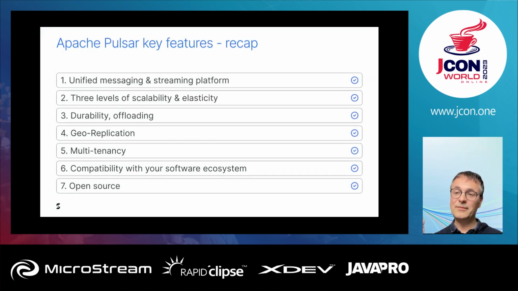Pulsar ensures the durability of the data and can offload to external, cheap and unlimited storage. Pulsar has geo-replication built-in, which is great for disaster recovery. Pulsar is natively multi-tenant. Pulsar is compatible with your software ecosystem, and all these great features are available as open source, so you have no vendor lock-in.